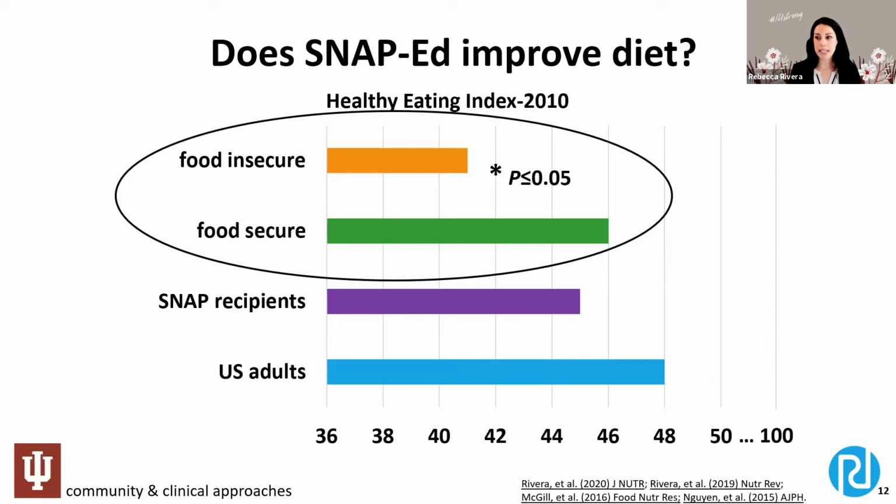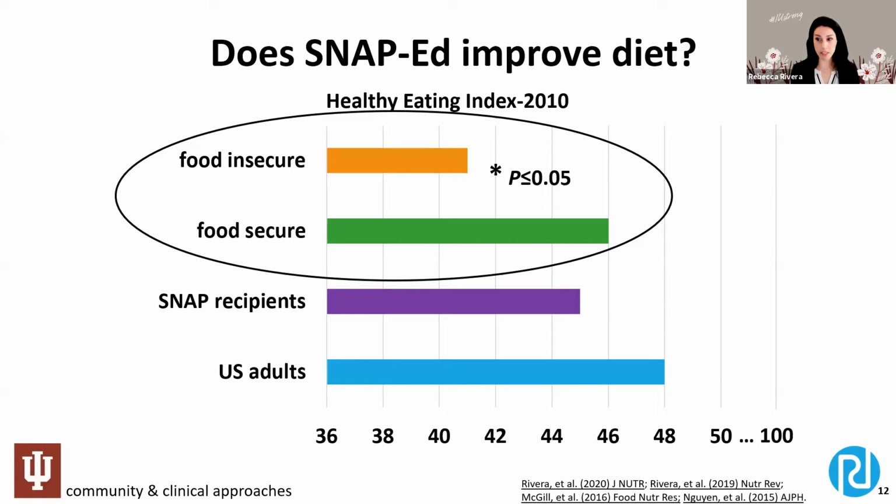And the Healthy Eating Index is just a measure of how well people are adhering to the dietary guidelines for Americans. And the total score is out of 100. So it goes from 0 to 100. And we can see that that bottom blue line there is the US adults average score, which is around 48.